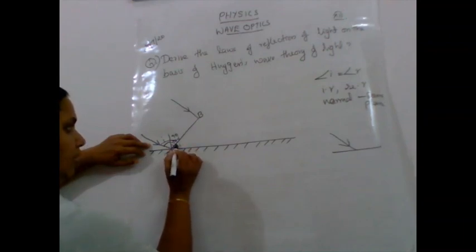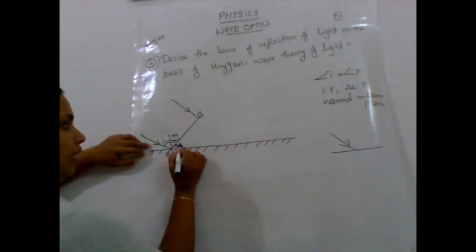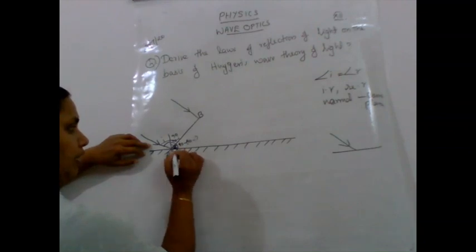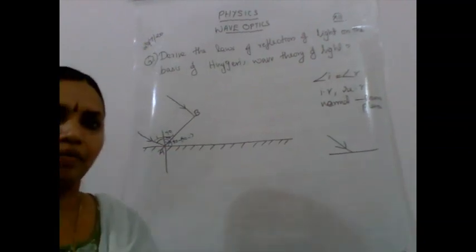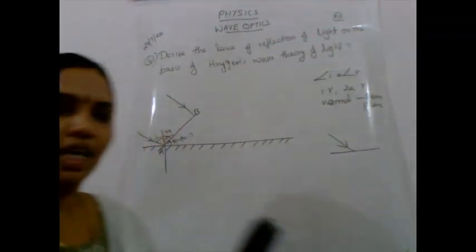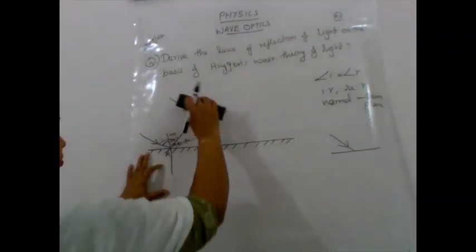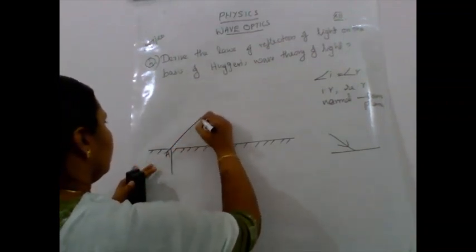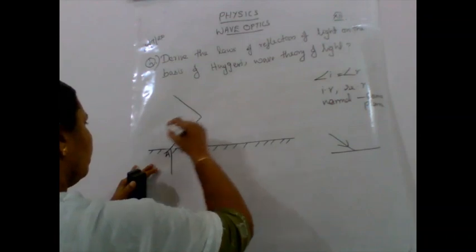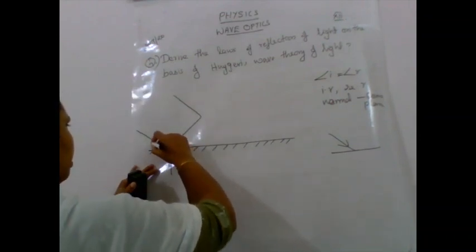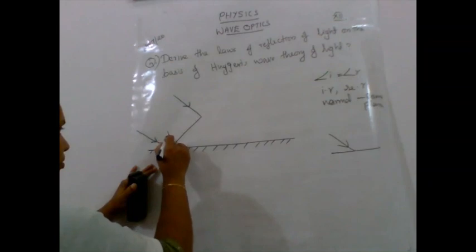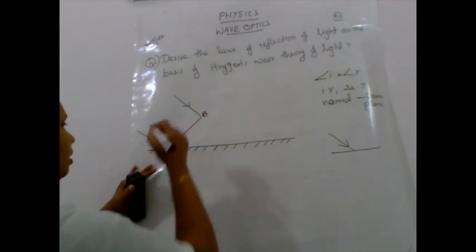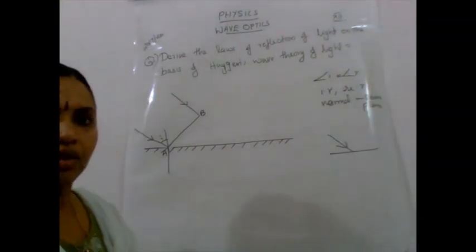So, this will be 90 minus 90 minus I. Therefore, that angle is I. Okay, like that we are getting that angle is equal to I. Normal, I. And this is AB. Okay, so this is the diagram.